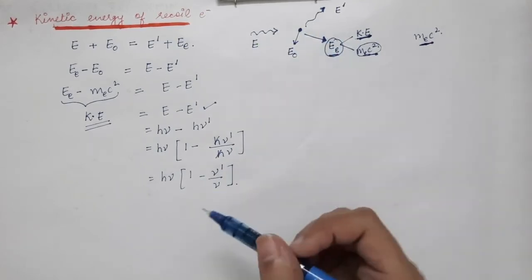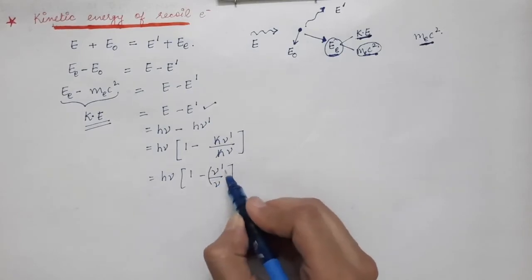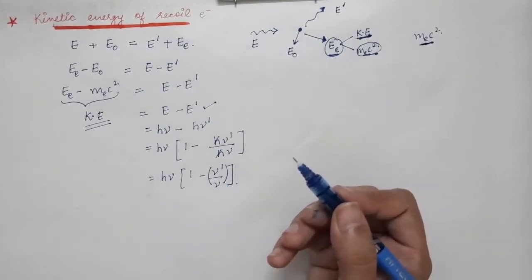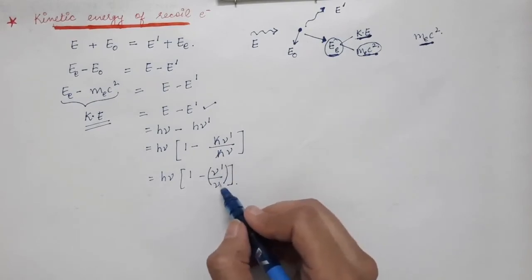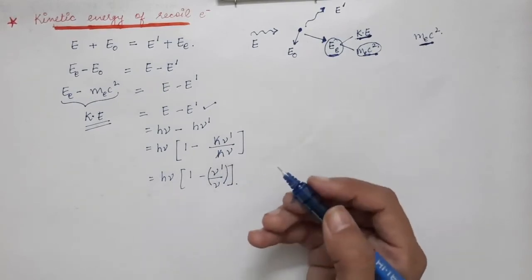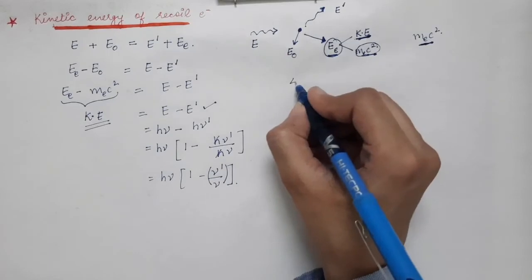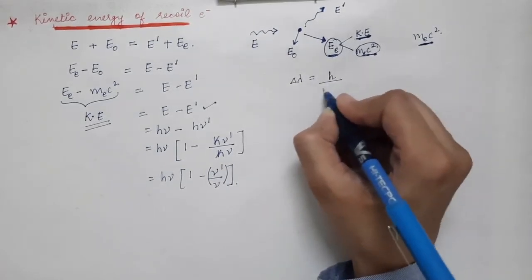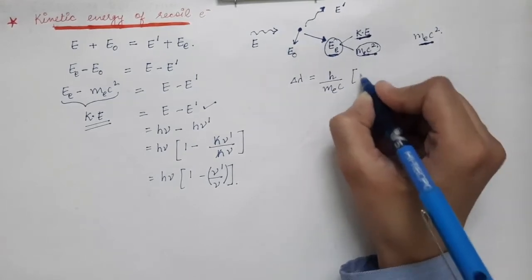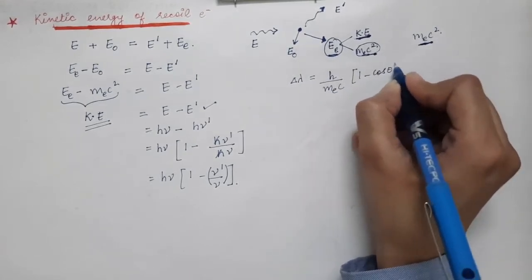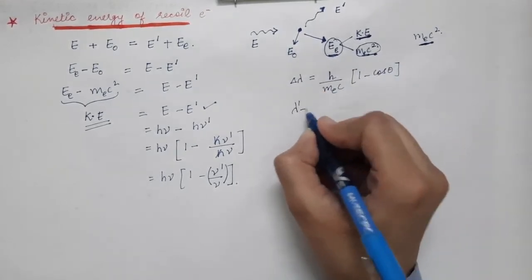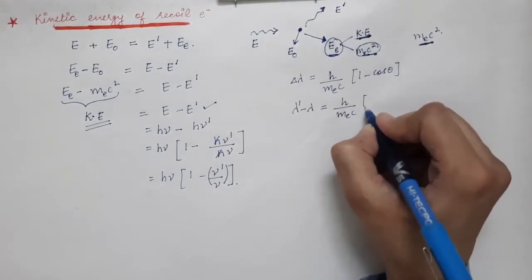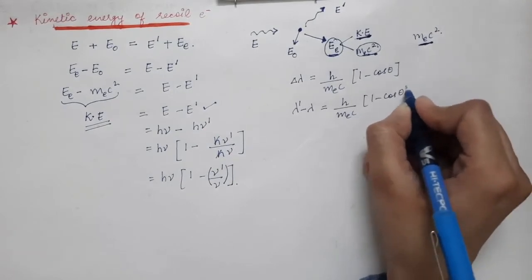So for that you have to find nu prime by nu in terms of theta. So we are going to find nu prime by nu in terms of theta. So what is delta lambda? As we have seen, delta lambda is equal to h by m_e c into 1 minus cos of theta, and delta lambda is lambda prime minus lambda, equal to h by m_e c into 1 minus cos of theta.